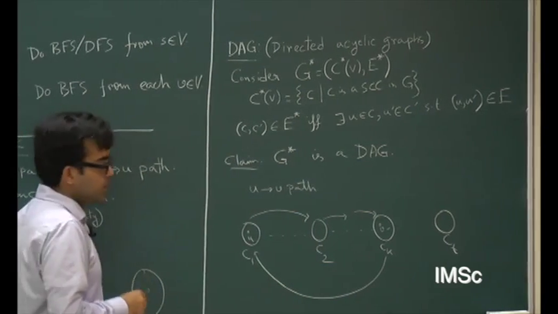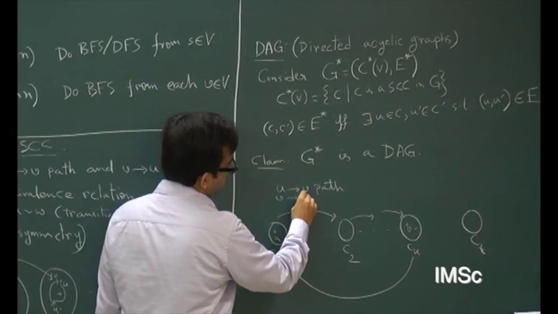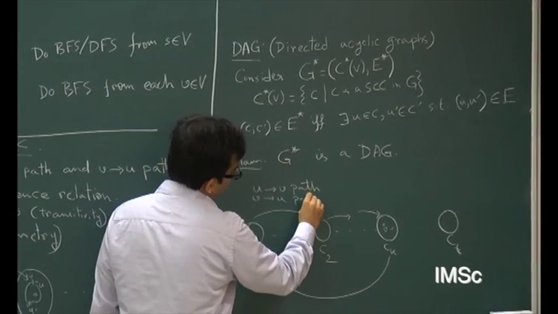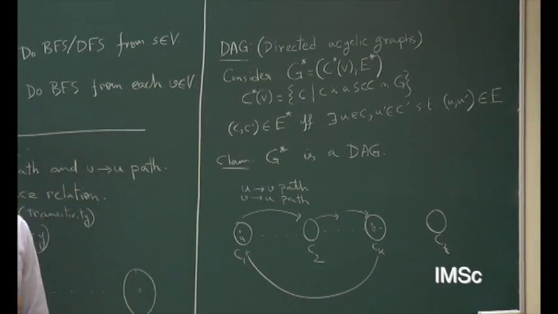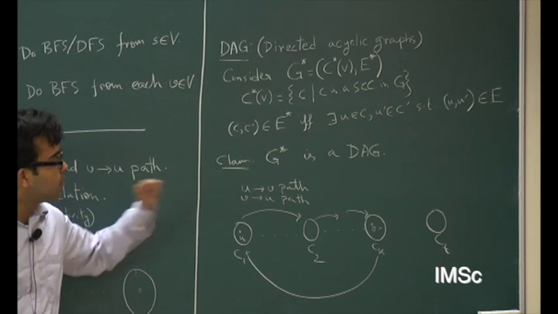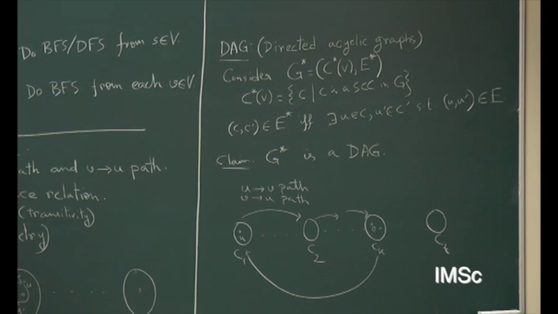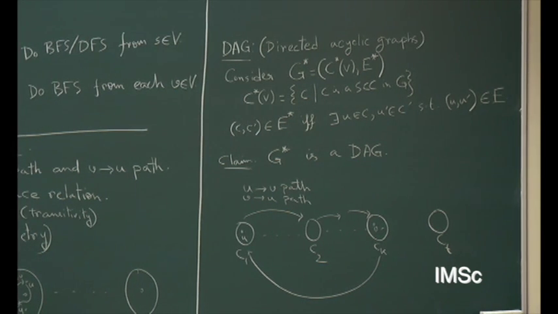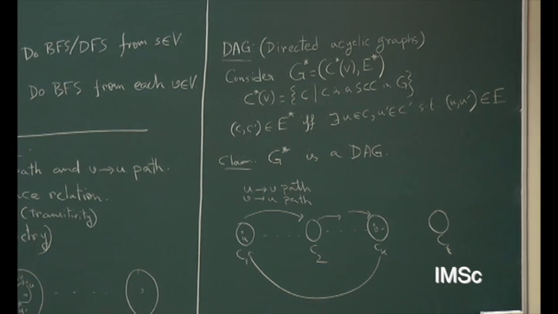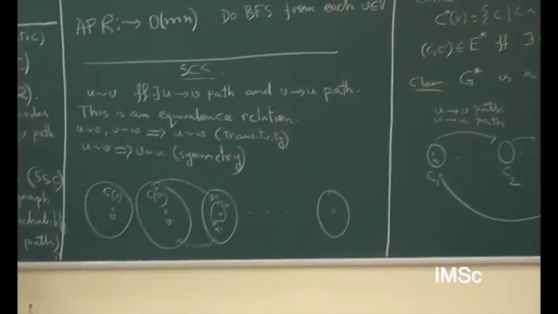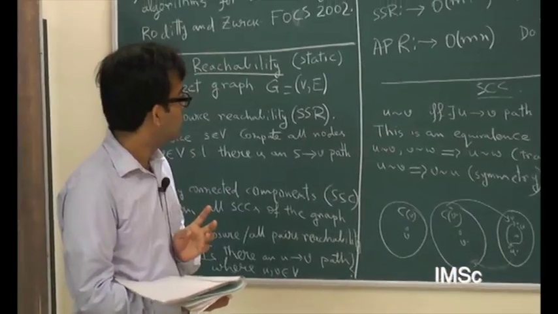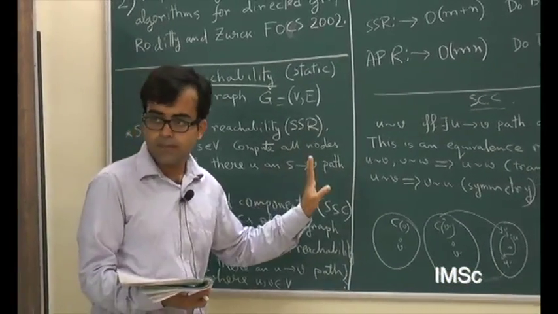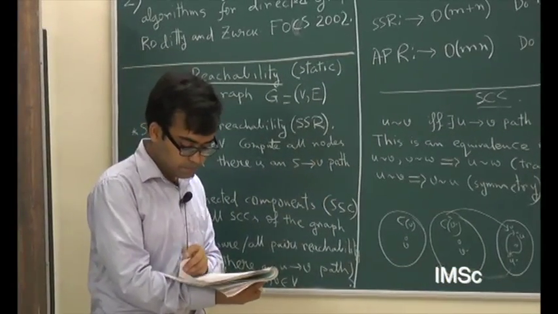So you can show this, and also there is a vu path. So basically then u and v should belong to the same strongly connected component, which is a contradiction. Okay, so far so good.